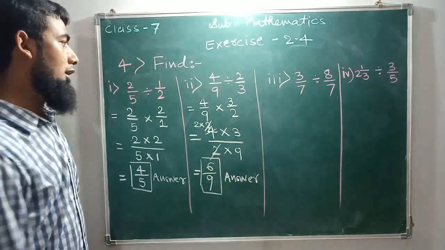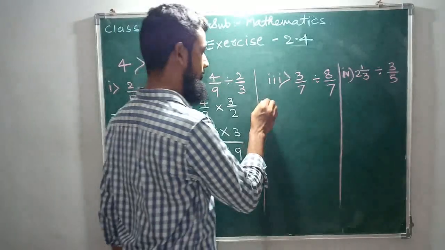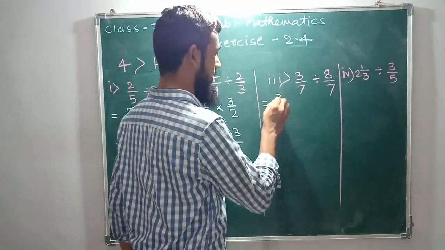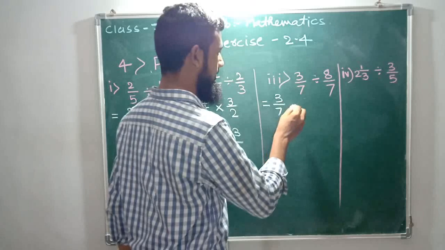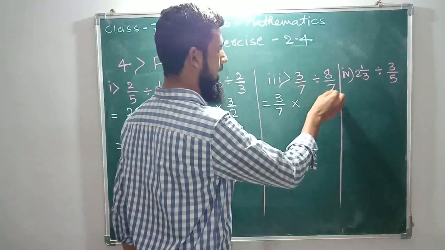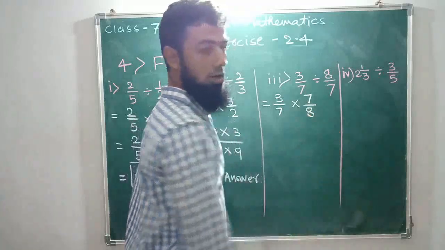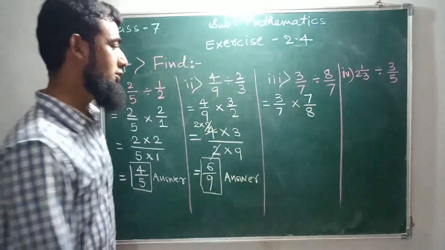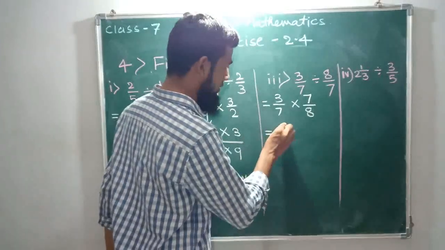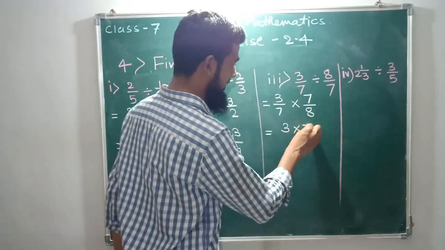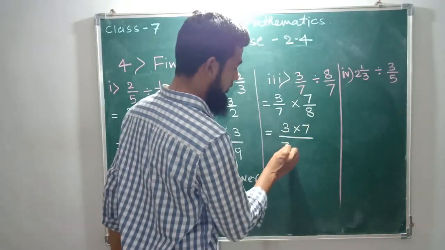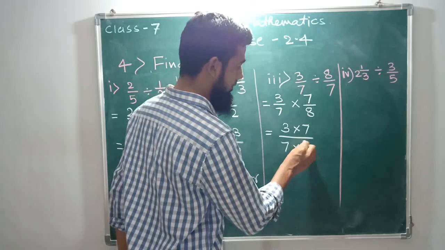Clear? Now we will move on to the third question: 3 upon 7 multiplied by 7 upon 8. Now 3 multiplied by 7 upon 7 multiplied by 8.